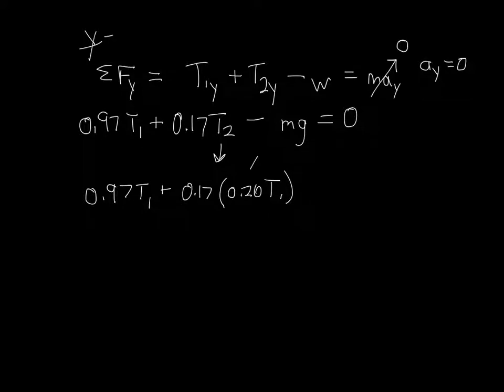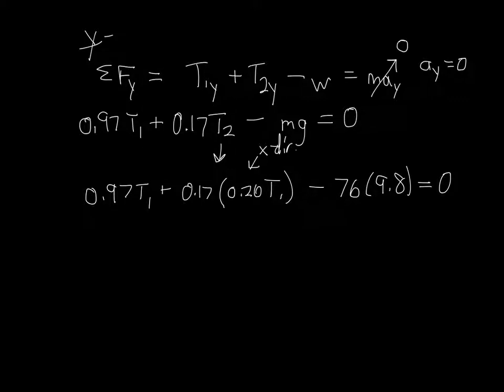So this is what we found in the x direction. And that's where that came from. Minus the mass which was 76, which we were given, times the acceleration due to gravity, which is 9.8, is equal to 0. Now I can combine like terms, and I can actually solve this problem.